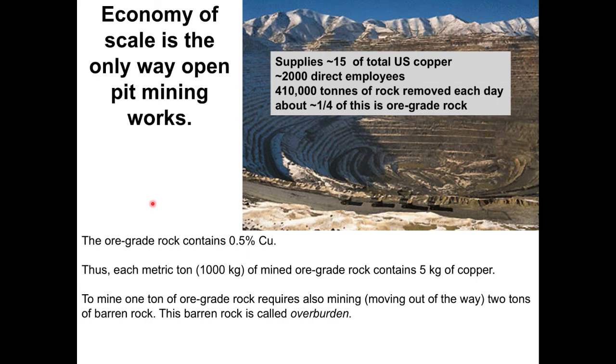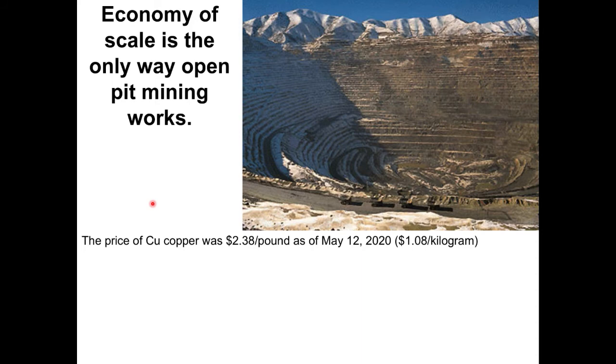So the mining company is paying to move a lot of waste rock out of the way to get to the ore grade rock or the ore deposit. Remember that ratio of overburden to ore grade rock is called the stripping ratio. The futures price of copper today, May 11th, 2020, when I looked at the futures stock market in Asia, is $2.38 per pound.